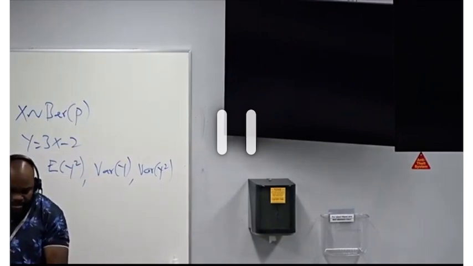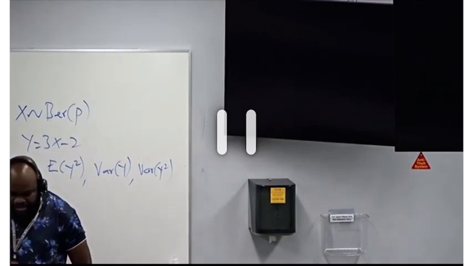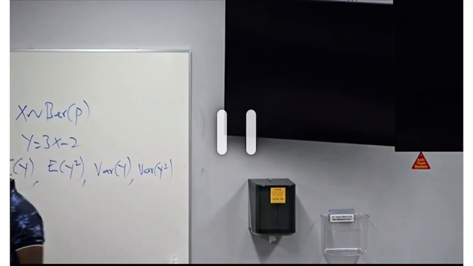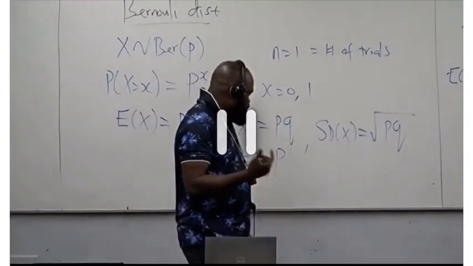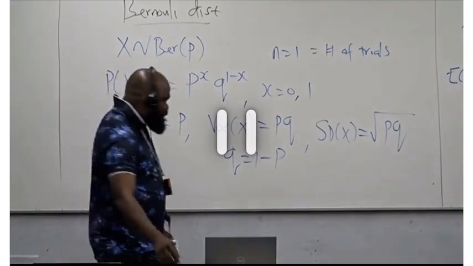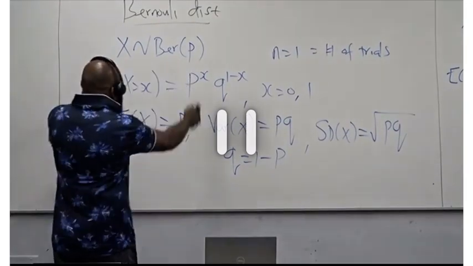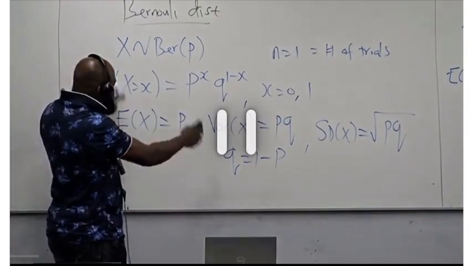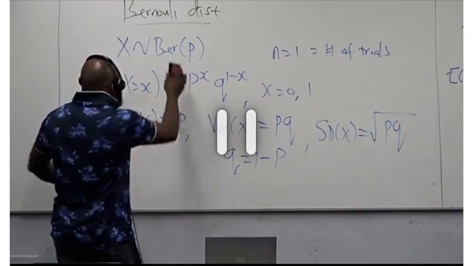How do I solve a problem like this? If you don't understand, you need to ask me a question. You know that this is Bernoulli, with its mean, variance and probability distribution.